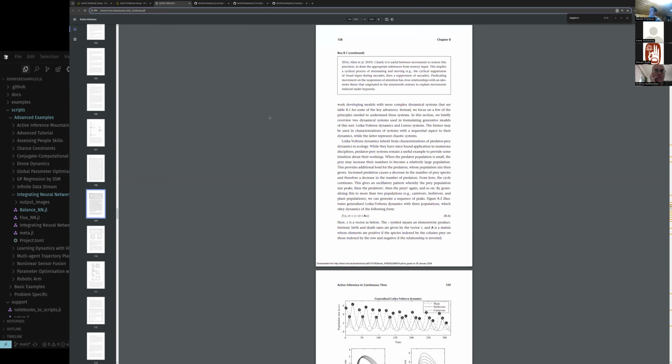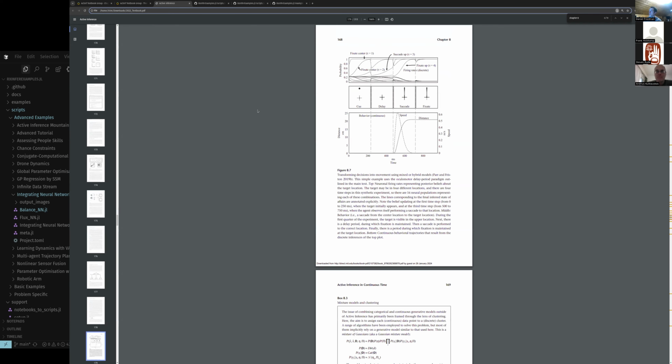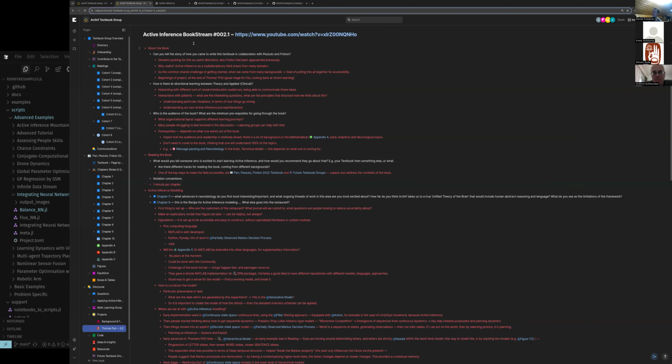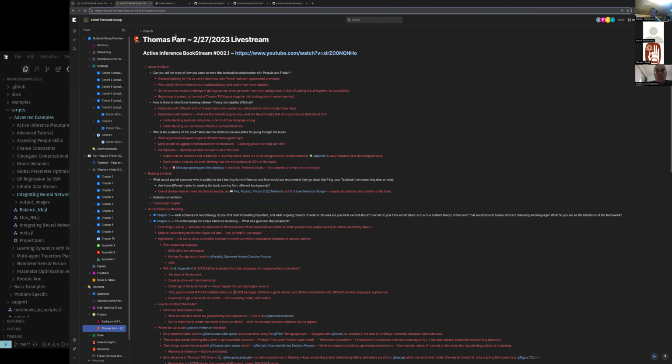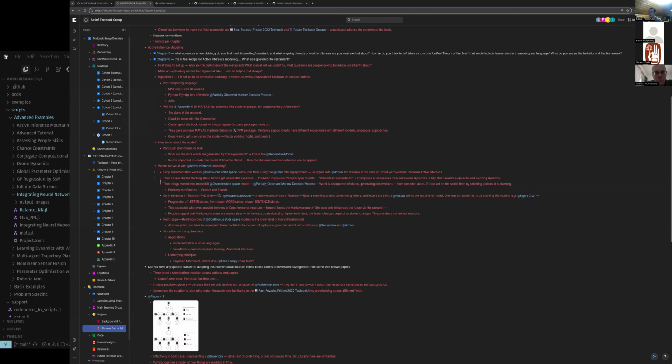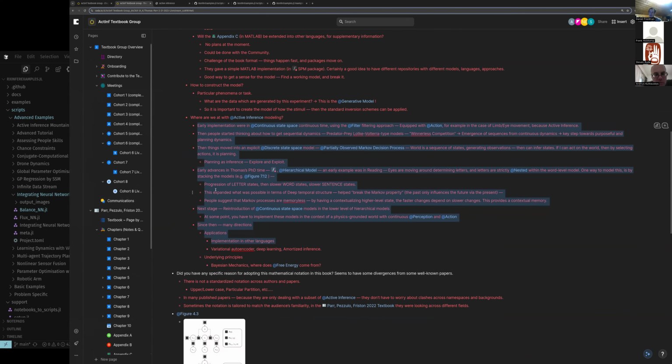Yeah, this relates to chapter 8. In this page, we did a book stream with Thomas Parr a couple of years ago, and this part right here relates to basically recurrent attractors and continuous state space models.